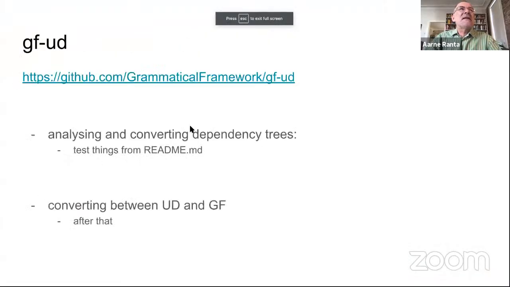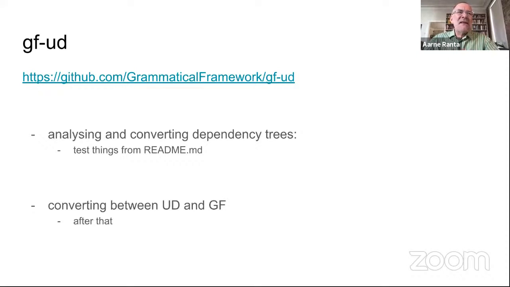So let's go further. There is this GFUD software that the title of this talk is about. It's a kind of side project which I've been working on very much in connection to that course, but also to do some other experiments.